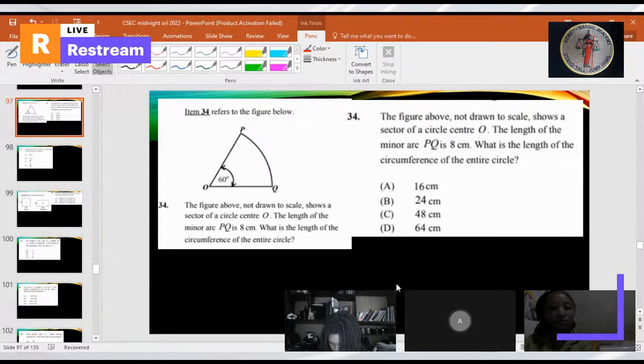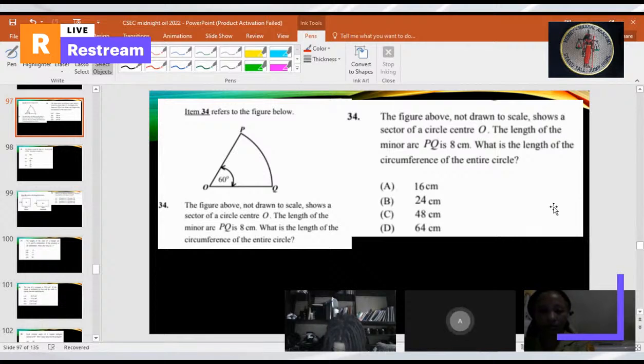Item 34 refers to the figure below. The figure above, not drawn to scale, shows a sector of a circle, center O. The length of the minor arc PQ is 8 centimeters.